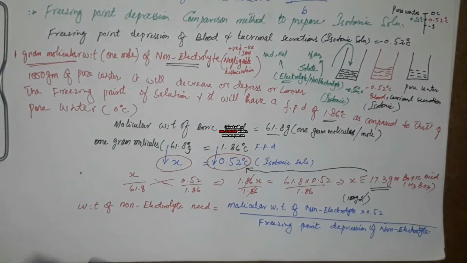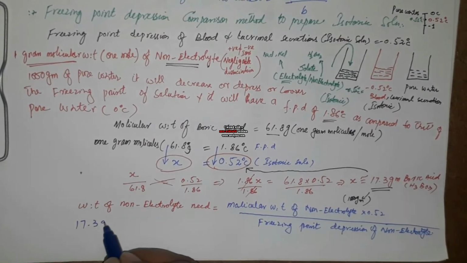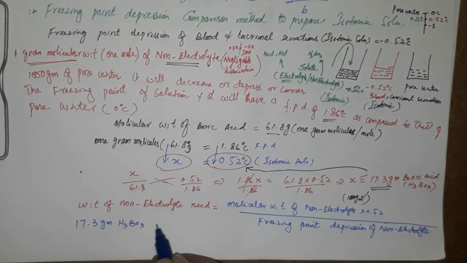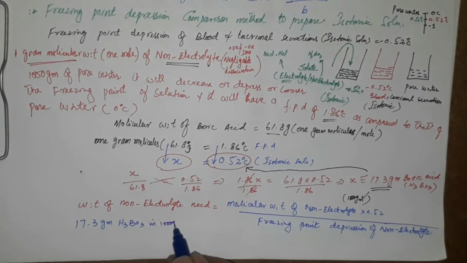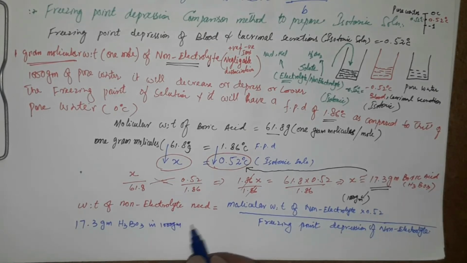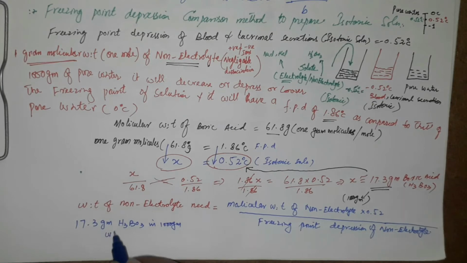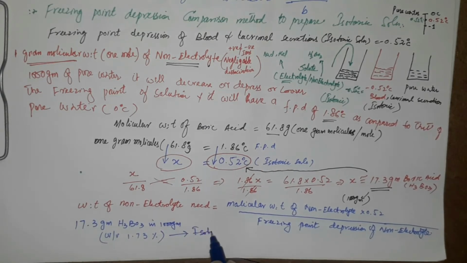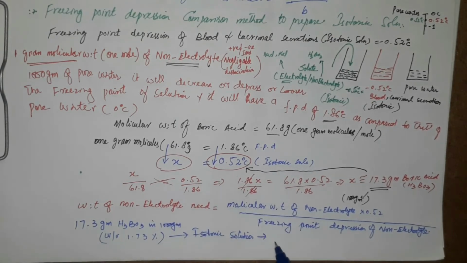In short, we can say that 17.3 gram of boric acid in 1000 gram of water, that is, a weight and volume strength of 1.73%, will produce an isotonic solution, and this solution will have a freezing point depression of 0.52 degrees centigrade.